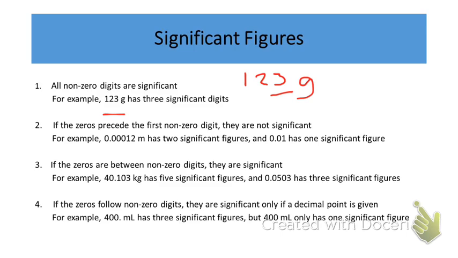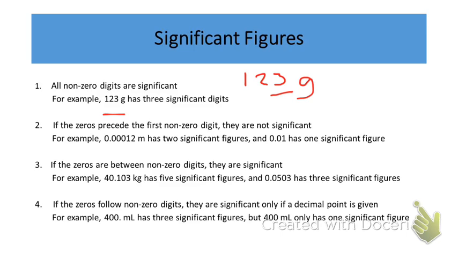Alright, let's look at rule number 2. If the 0 precedes the first non-zero digit, they are not significant. For example, we have a measurement here of 0.00012 meters.